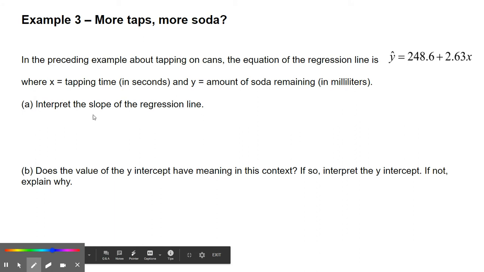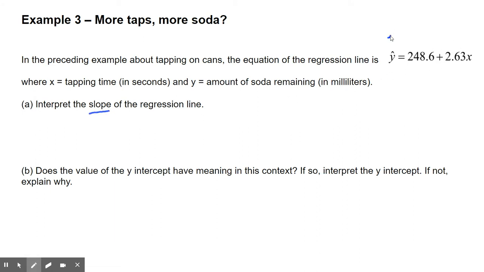Okay, so we're looking at slope here, right? So the slope, again, if I put this over here, y hat equals a plus bx, the slope is the b. So there's my slope, 2.63. Again, this is the b value, 2.63. So our interpretation will look like this.